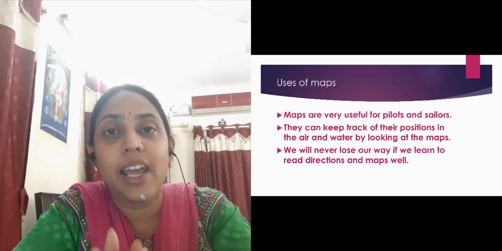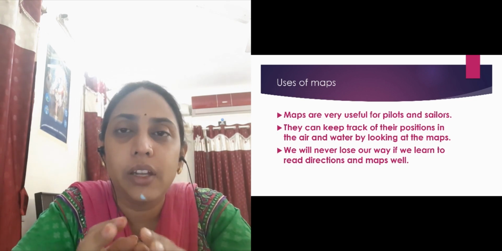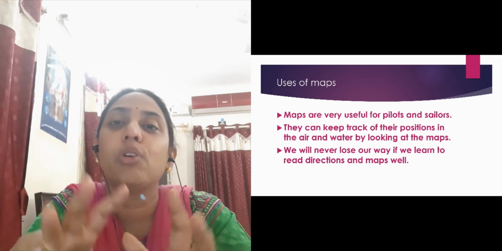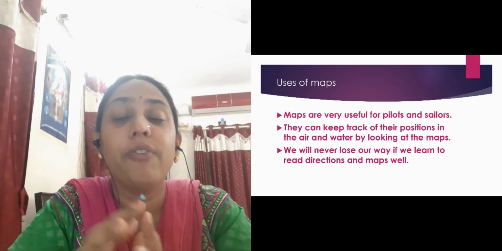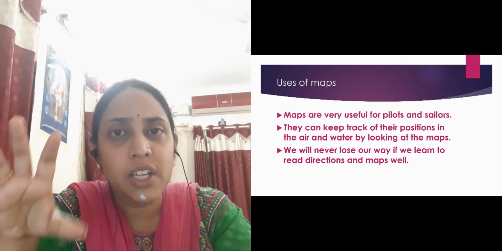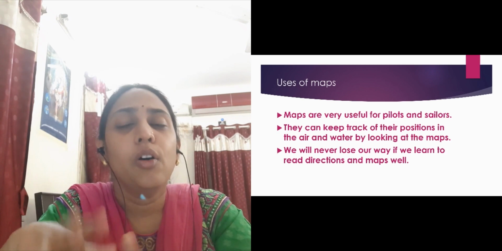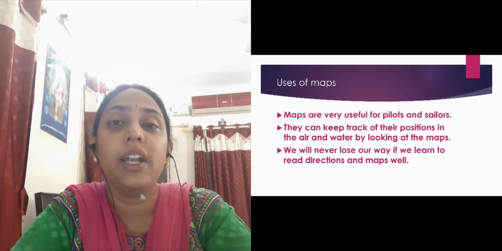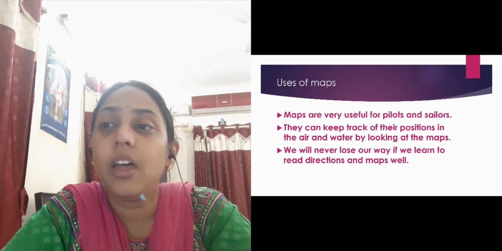They can easily tell in which position they are, where they are, in which place they are. According to the landmarks on the maps, they can easily tell other people, and they can find out whether there is any obstruction there, or any island, or any other ship there. So like that, there are many things they need to find out. All this information they can gather just by looking at the map, right?